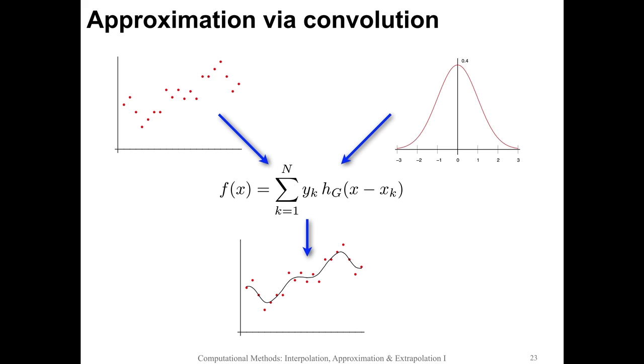So here's an illustration of the process. We can have some measurement data here ranging along quite a few x values and the y values representing our measurements. And here is one copy of our Gaussian kernel.